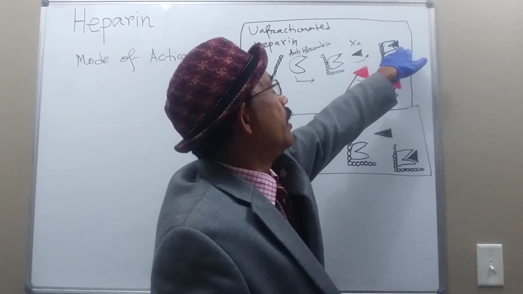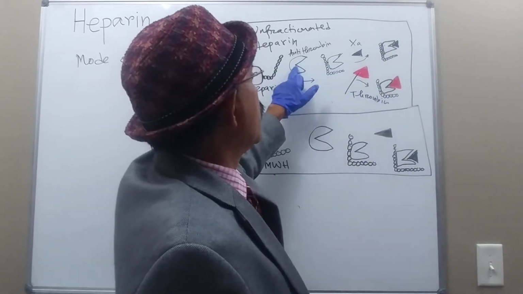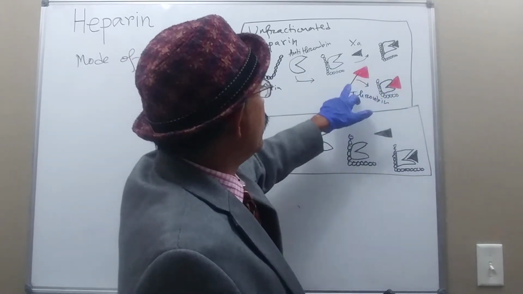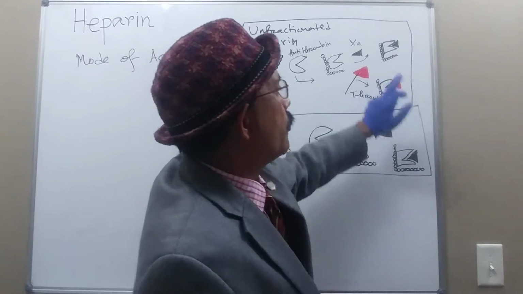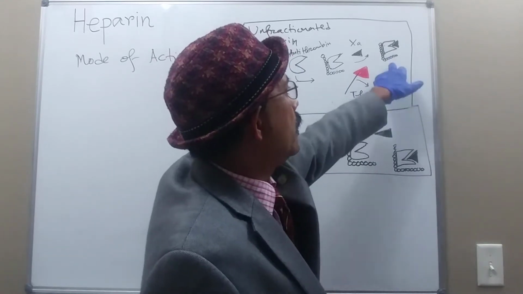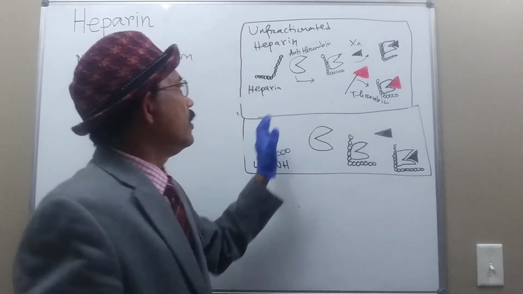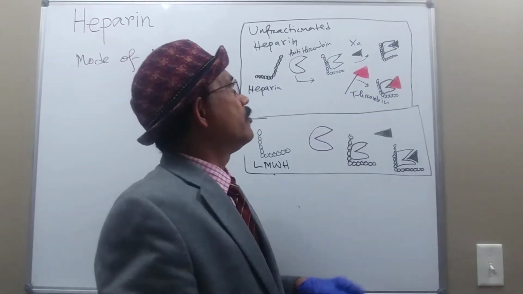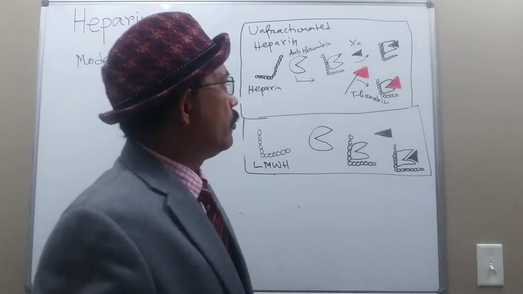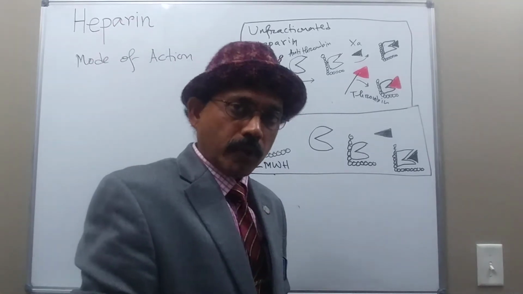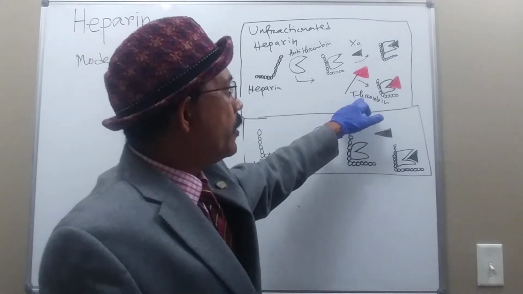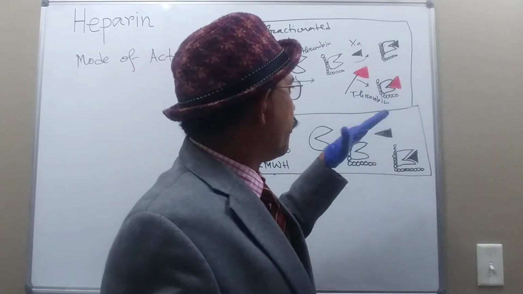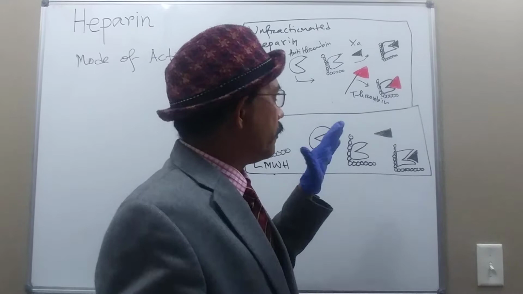Factor 10A is inactivated by antithrombin. This is thrombin, which is inactivated by antithrombin. So this is the mode of action. We know that 10A is very essential for the formation of thrombin from prothrombin, and thrombin is essential to form fibrinogen into fibrin.